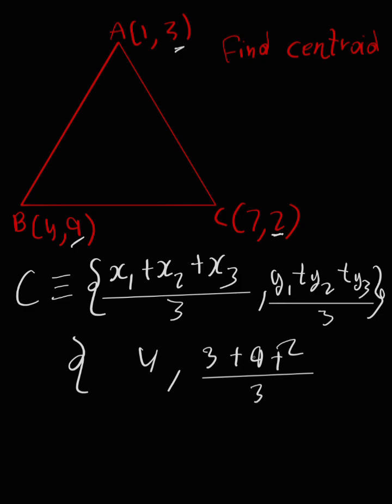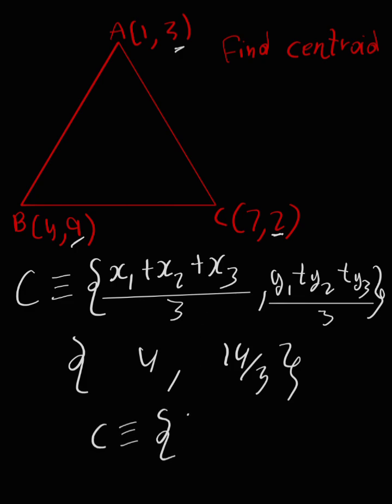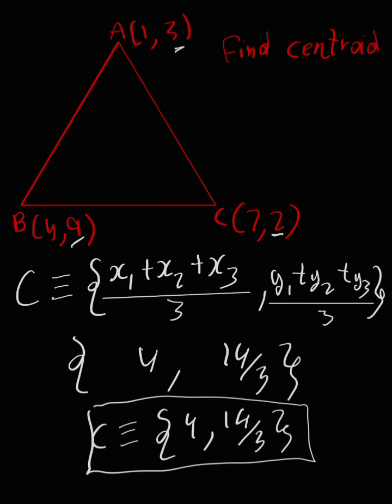So this is 3 plus 9, or 12, 12 plus 2, or this is just 14 by 3. Okay. And hence the coordinate for the centroid of this triangle is 4 comma 14 by 3, which is our answer.